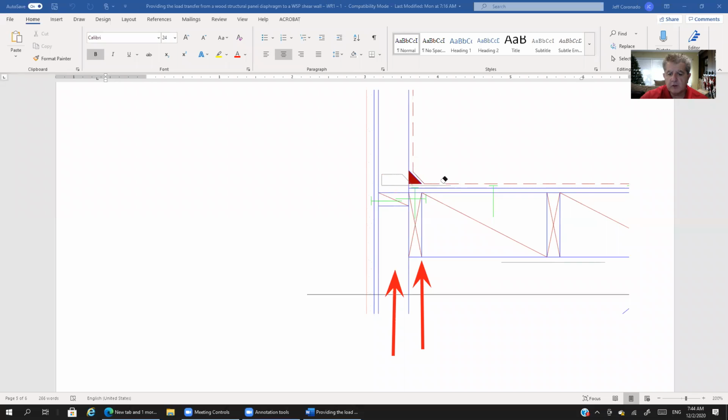Well, now without the hurricane tie, we probably would be depending on these nails here and here to resist that out of plane force on the wall that wants to pull the wall away, right? But there's a problem with this connection. Think about it. See if you can come up with it. The problem with this connection is that we would be using what we would call nails in withdrawal.